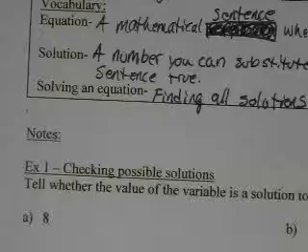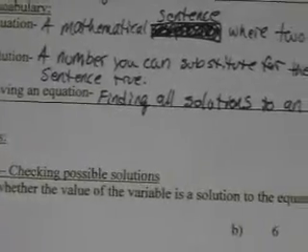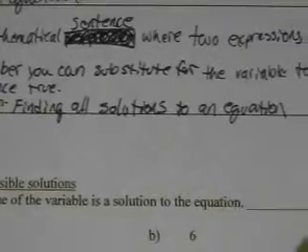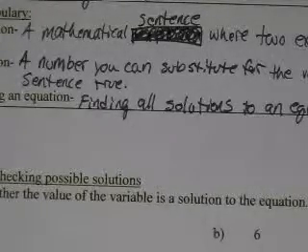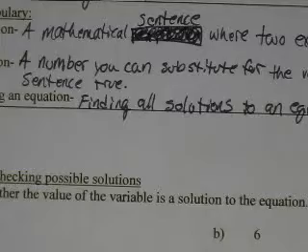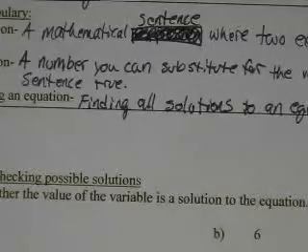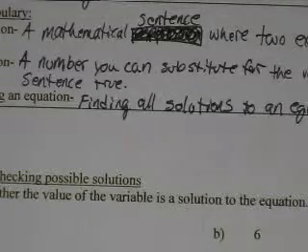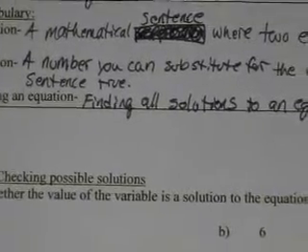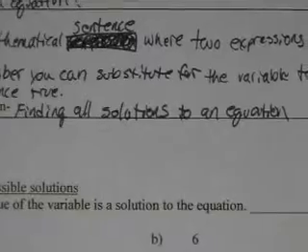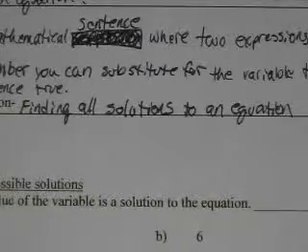A solution is a number you can substitute for the variable to make the sentence true. So if I solved an equation, that's the number I'd plug in to make it true. And finally, solving an equation is finding all solutions to an equation, finding all of the answers.